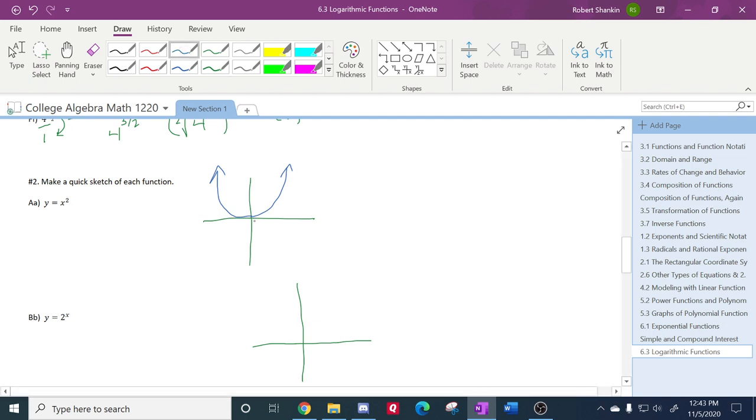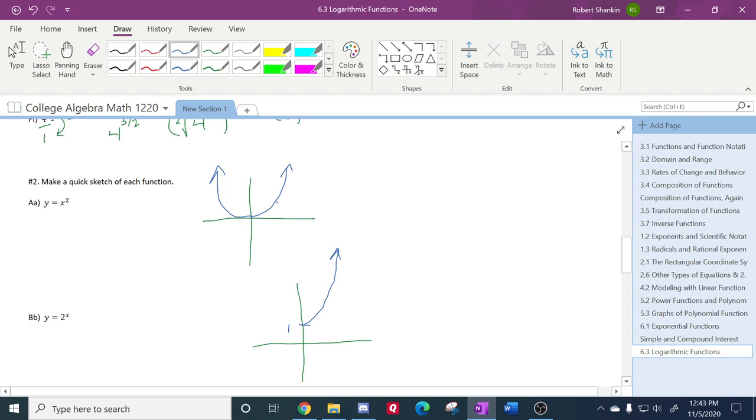It doesn't go down to the origin. It goes down to 1. And then to the right, it's going to look a lot like that one, but it actually rises up a lot faster than this one.